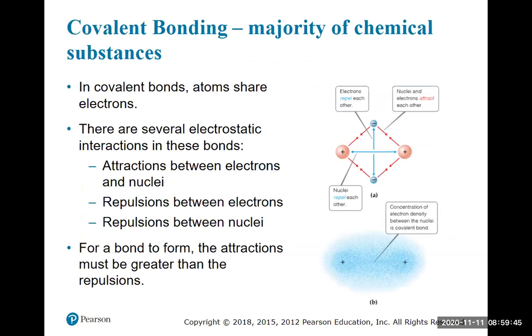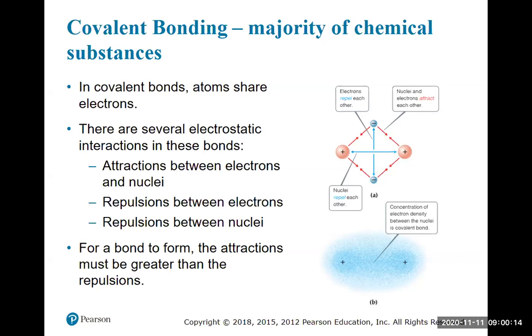As I said in the beginning, when we were talking about the 3 types of bonds, covalent bonds are by far the most common. In covalent bonds, you're sharing electrons. With those ionic compounds we talked about, the cations donate electrons to the anions, so the metals donate electrons to the nonmetals.